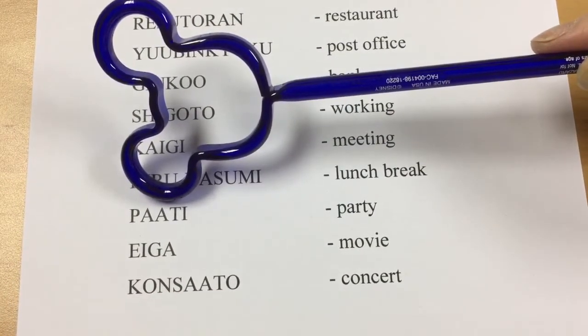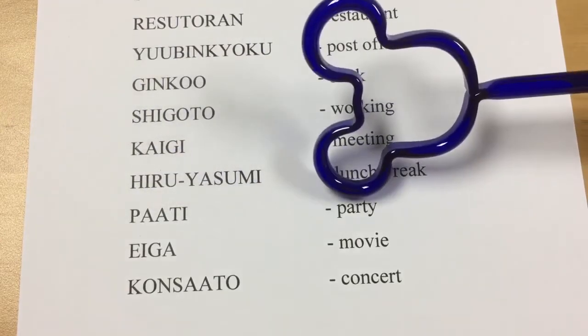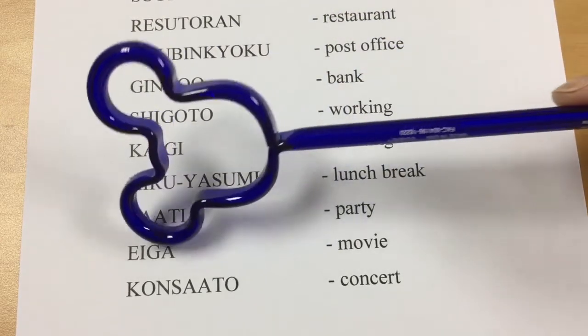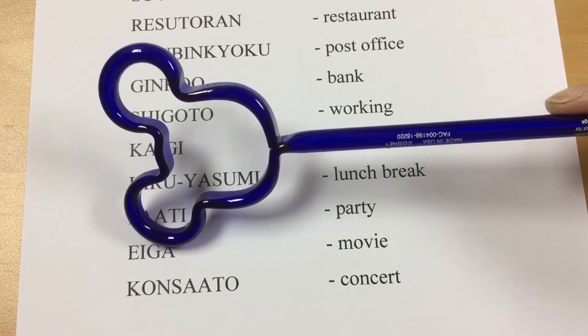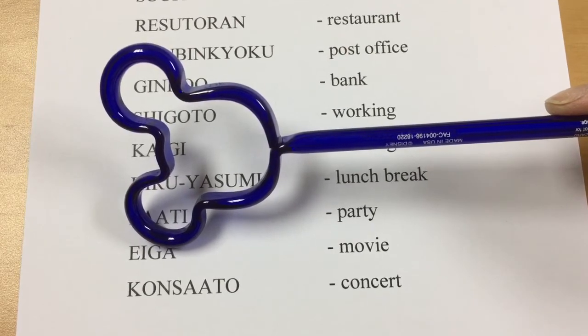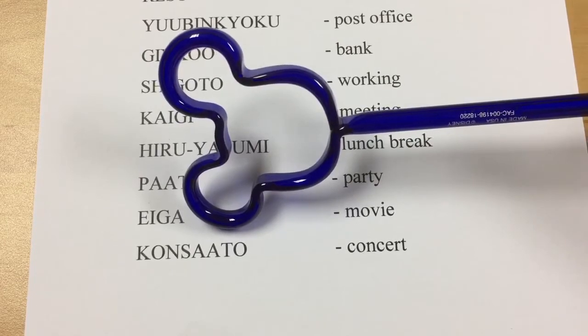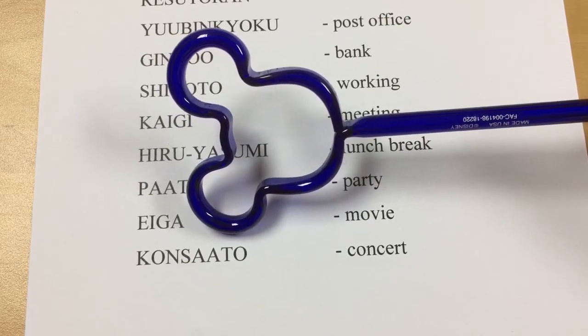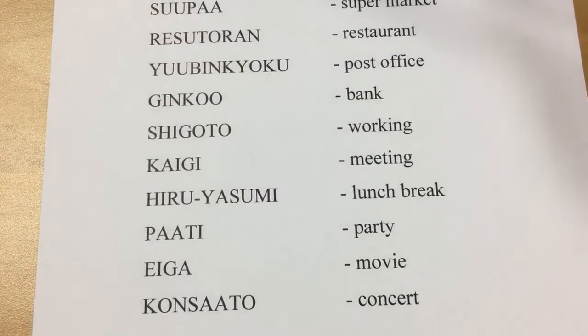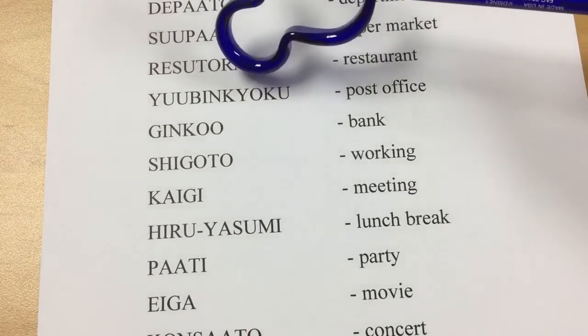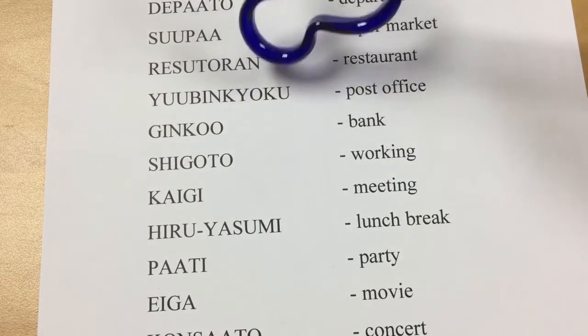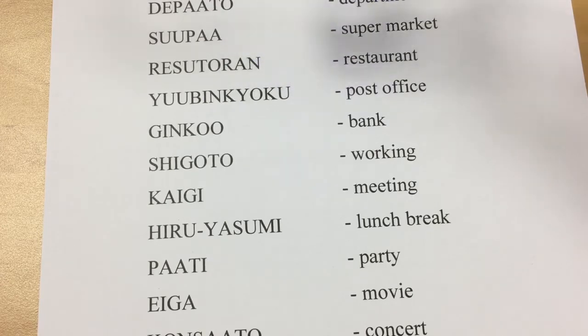Party means party. Eiga means movie. Konsato means concert. You can see that many names of the places are borrowed from English words.